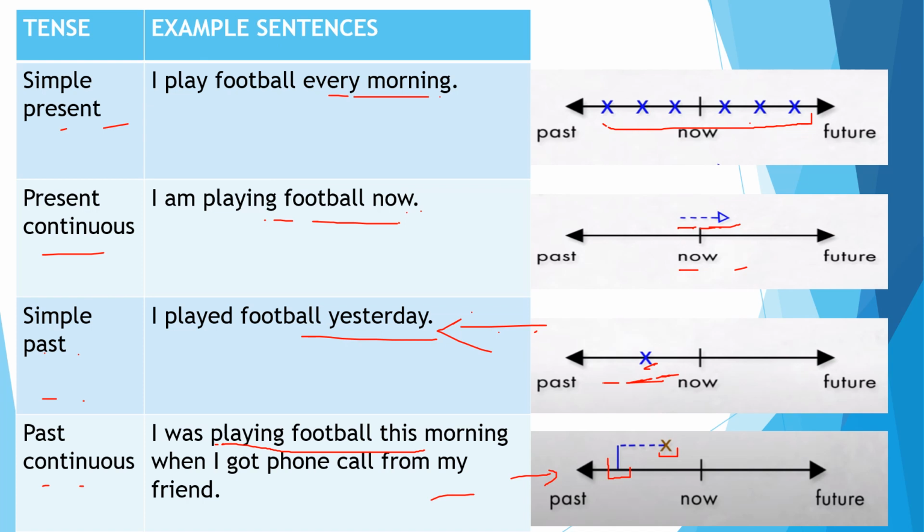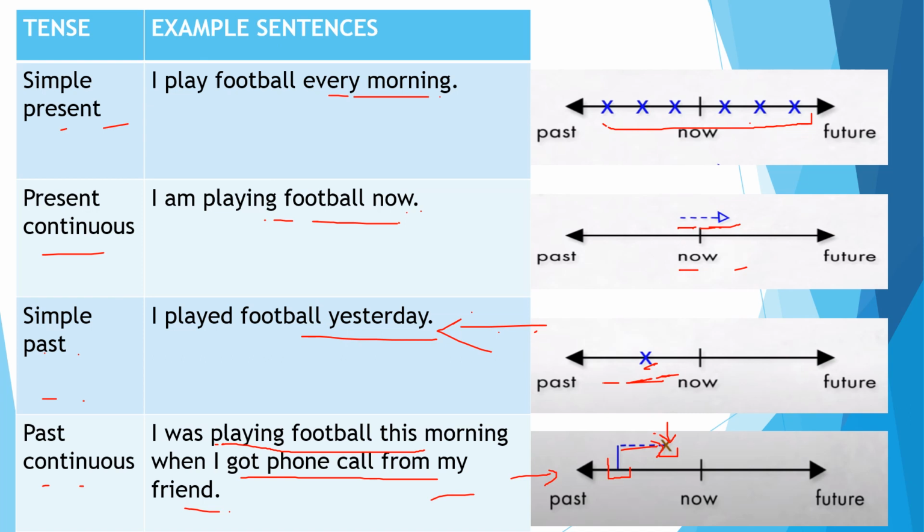Another action happened, that is, I got a phone call from my friend. So it talks about two actions. One is an unfinished continuous action in the past, and in the middle of that, a second action took place. Okay, so this was all about the four tenses.